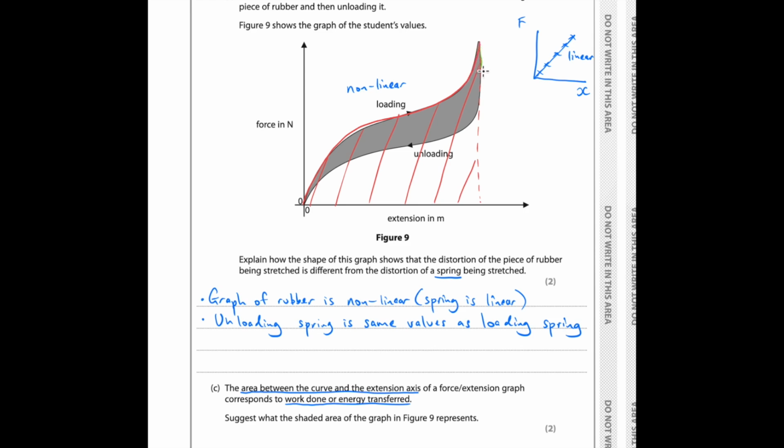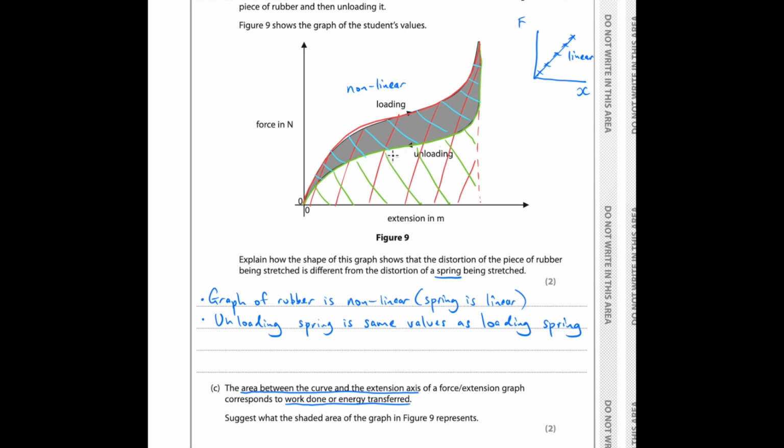Now, this area here, as you're unloading it, was the work that you did as you unloaded it. So what they're saying is, what's this shaded area? Well, that'll basically be the difference in energy between loading and unloading.